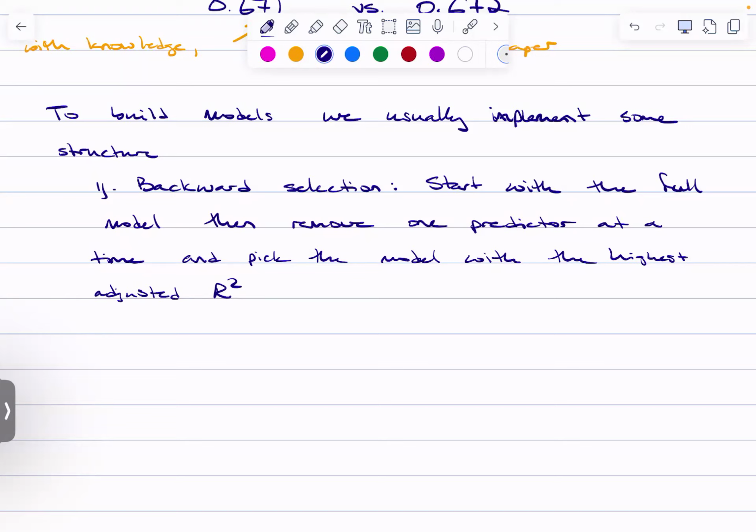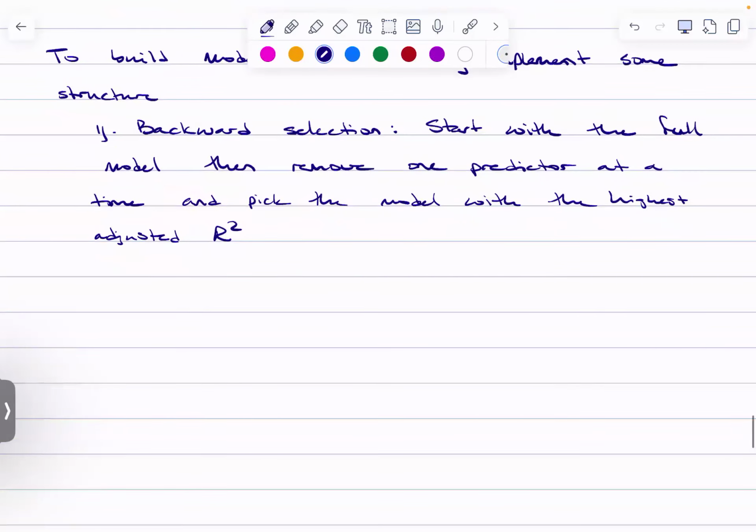Sometimes the full model is the best model, and that's fine.